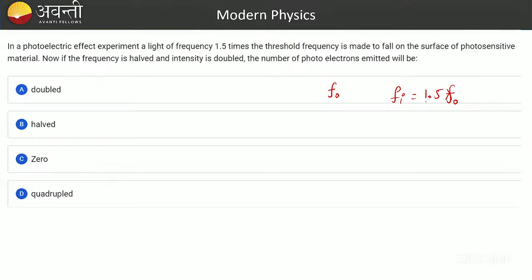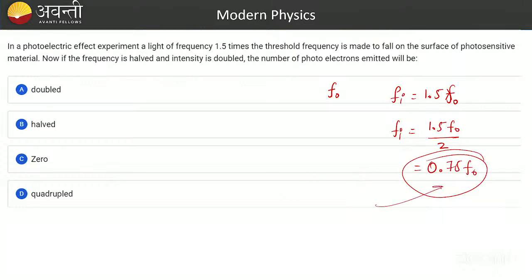We have half the frequency. Half of the frequency means the incident frequency will be 1.5 times f0 divided by 2, which is nothing but 0.75 f0. But I have told you in the beginning, to eject the electron, at least we require this much threshold frequency of the incident light, but it is less than that.